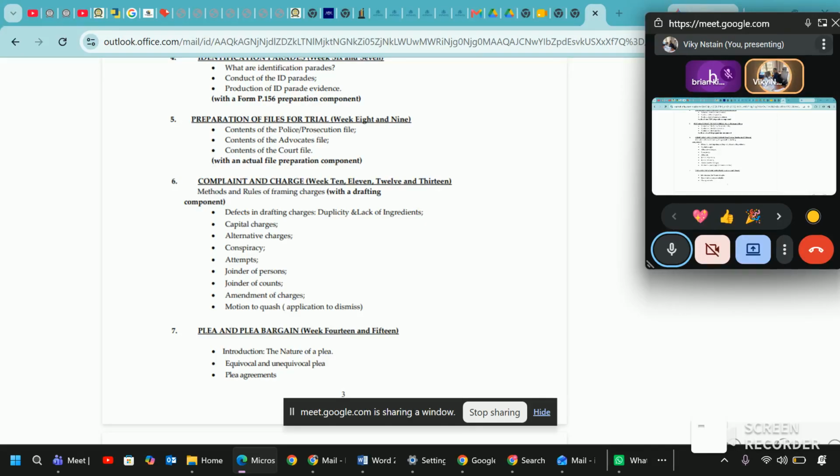This defect was not merely formal but was very substantial, as it prejudiced the appellant by failing to inform him precisely of the offense for which he was convicted and sentenced.